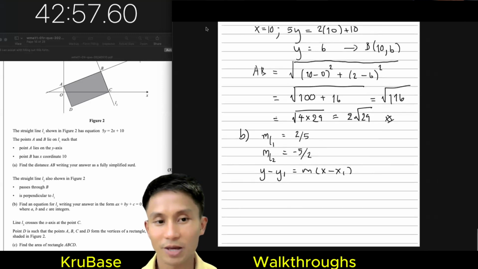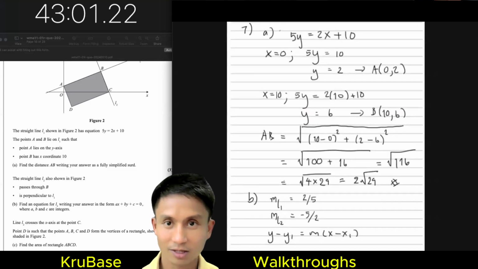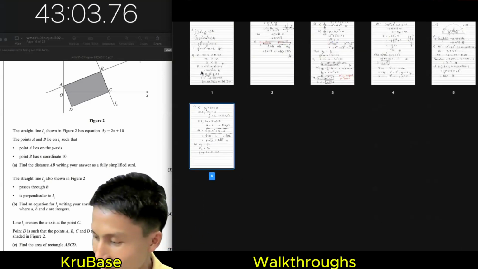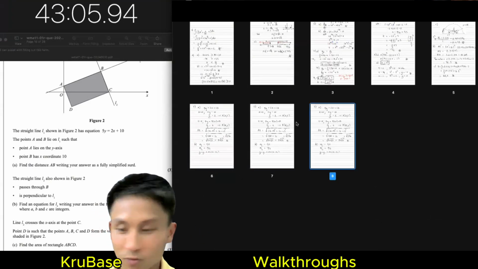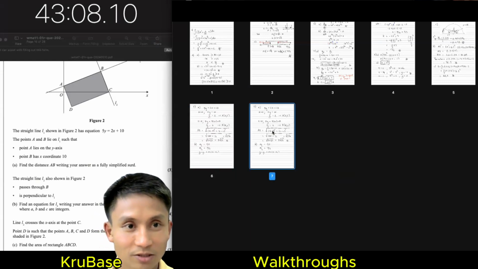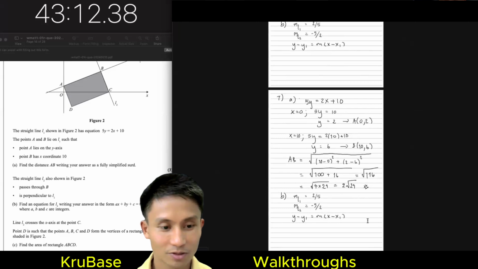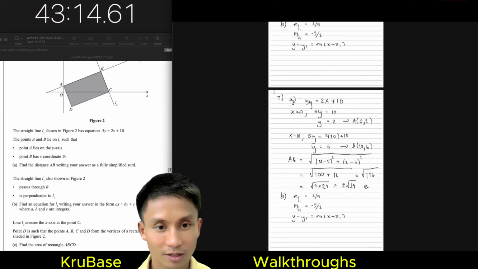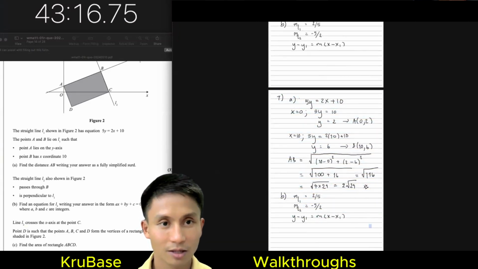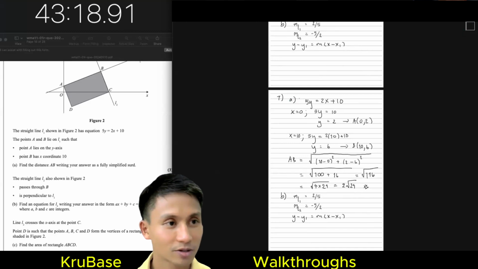Wait, I think I need to add a page first. Yeah, let me add a page first. I thought I wouldn't be using this many pages, but anyway. I'm going to be quick, guys. Sorry.